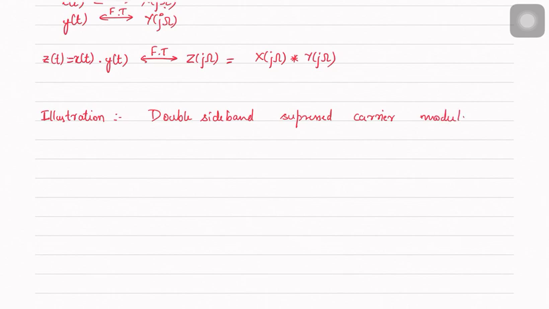It's the simplest modulation that you can think of. So it's called DSBSC AM. DSBSC stands for double sideband suppressed carrier, and AM stands for amplitude modulation.